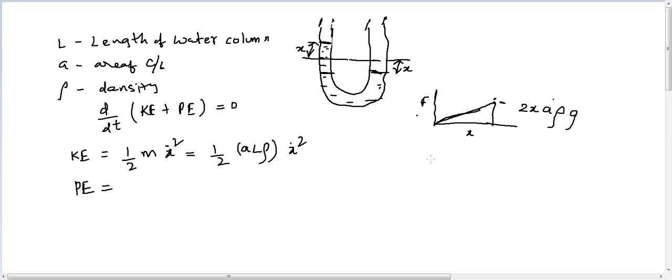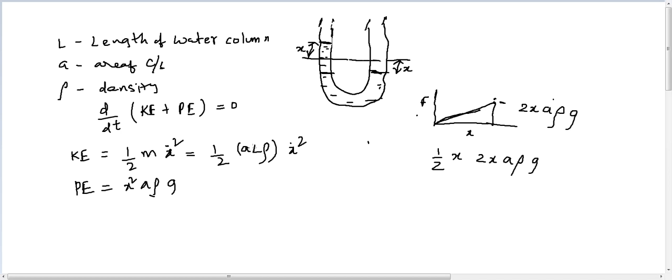So the area is half into base x into height 2x A rho g. This is nothing but x square A rho g. So this will become the potential energy.